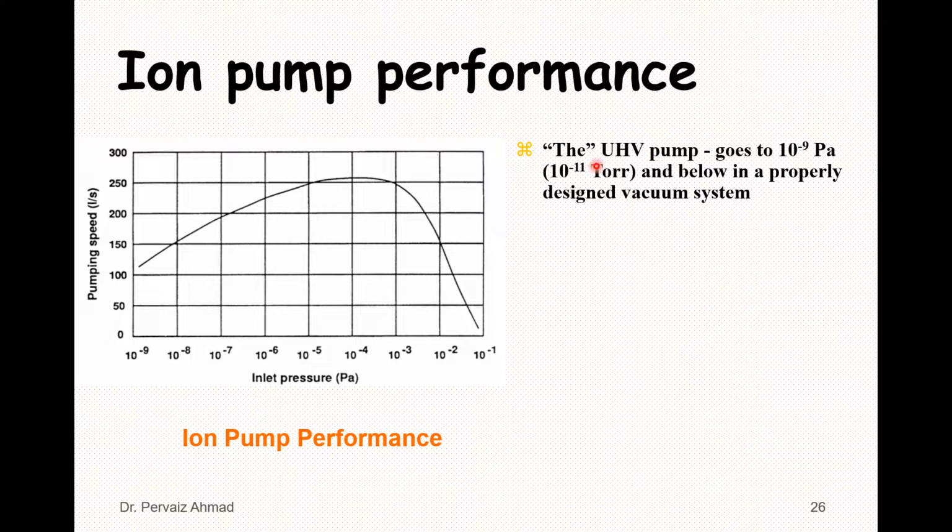Here we are mentioning the extent to which it can produce the vacuum. It can produce the vacuum up to 10 raised to power minus 11 torr, and even in some special cases, if we have new designs of this kind of pump, it can go even beyond this particular range.